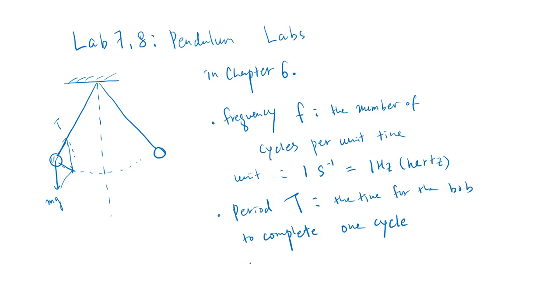The unit is of course the second. Here is the relation between frequency and period: frequency is equal to the reciprocal of the period, and the period is also the reciprocal of frequency. This kind of formula.